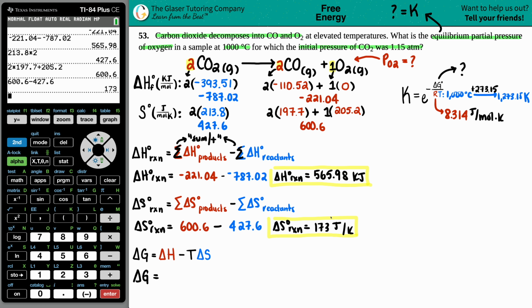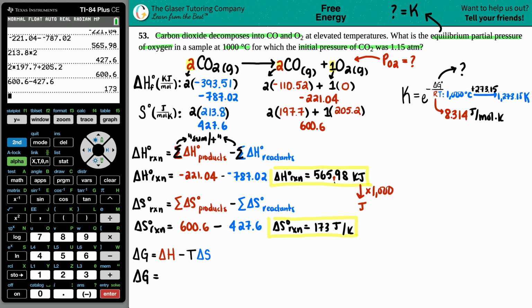We need to convert, right? Which one are we going to convert? Convert to kilojoules or convert to joules? We'll ultimately go back to the formula that we're going to use, right? We want to find out that delta G. And remember, the R value said, delta G, you gotta be in joules. So I'm just going to take the kilojoules and convert into joules. Kilojoules to joules times by 1,000.